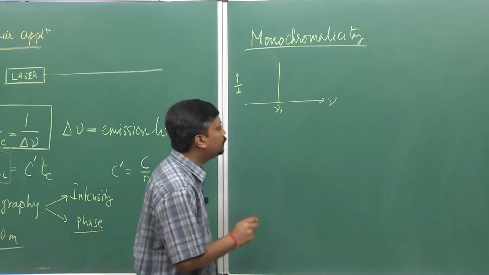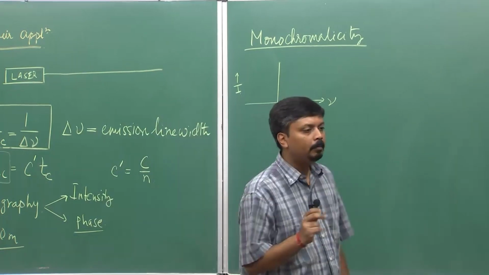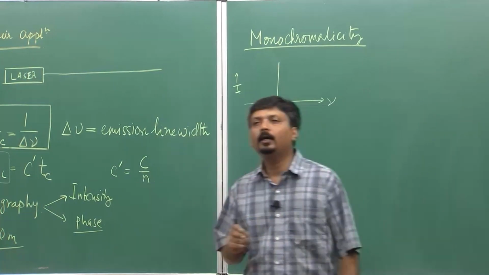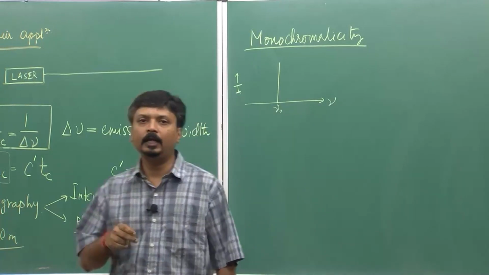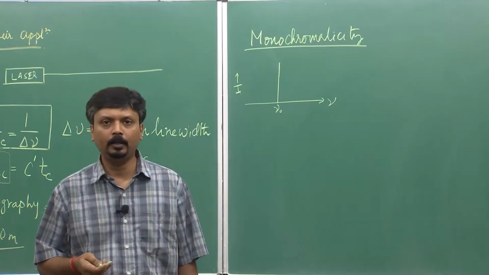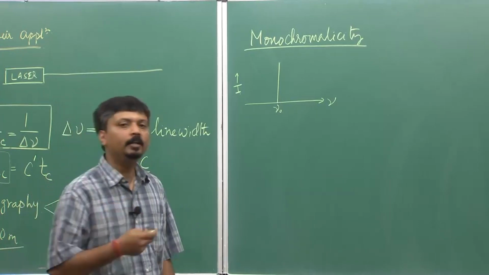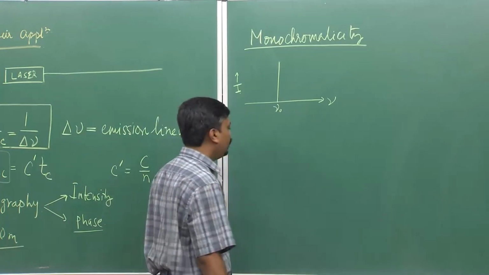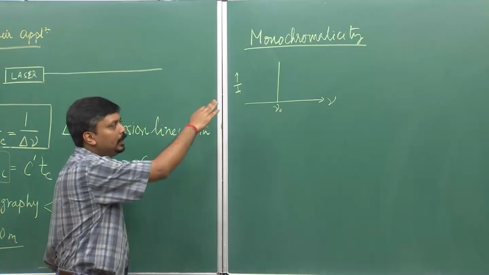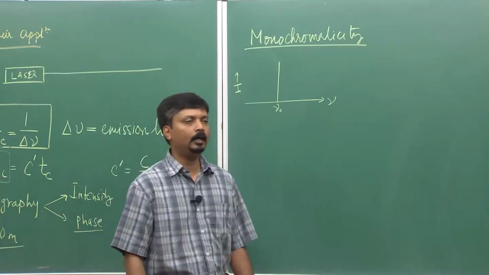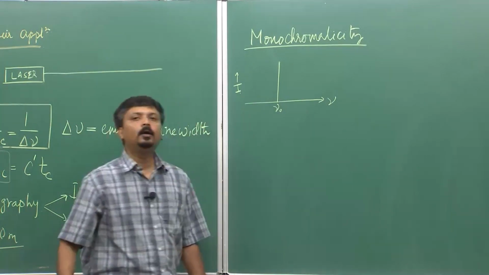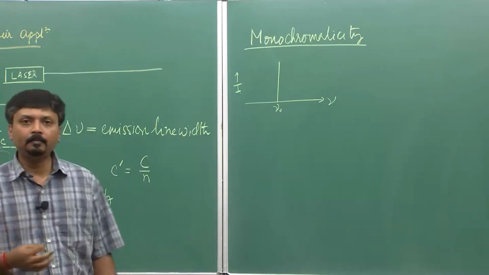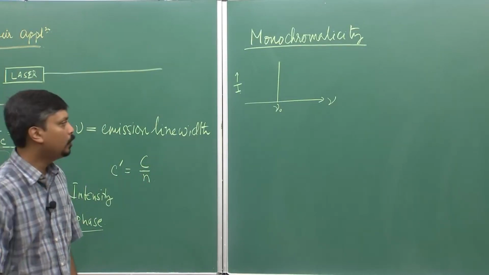This property is probably most important in chemistry and physics, and particularly in chemistry it is very important. Now, I drew this spectrum like a line. Do we really have a line? No, we do not have.